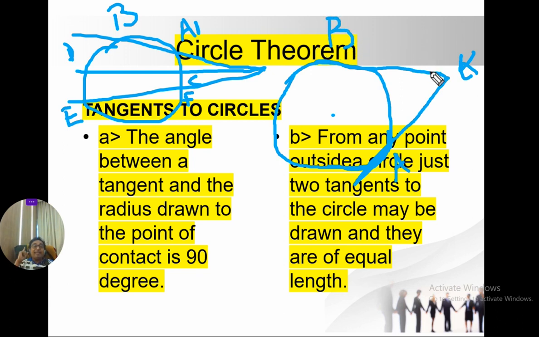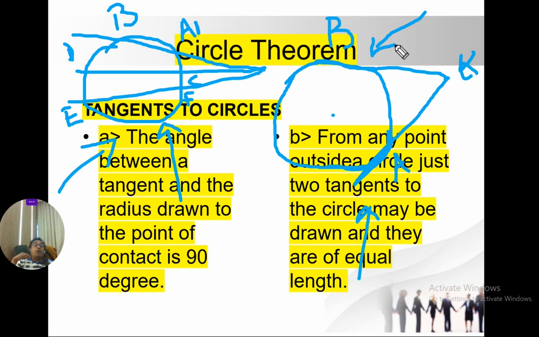When we draw a straight line from outside the circle, and that line touches the circle at only one point. Do not like these cases जहां पे ये दो पॉइंट में कट कर रहा है, बट यहां पे क्या कर रहा है? एक पॉइंट पे टच कर रहा है.